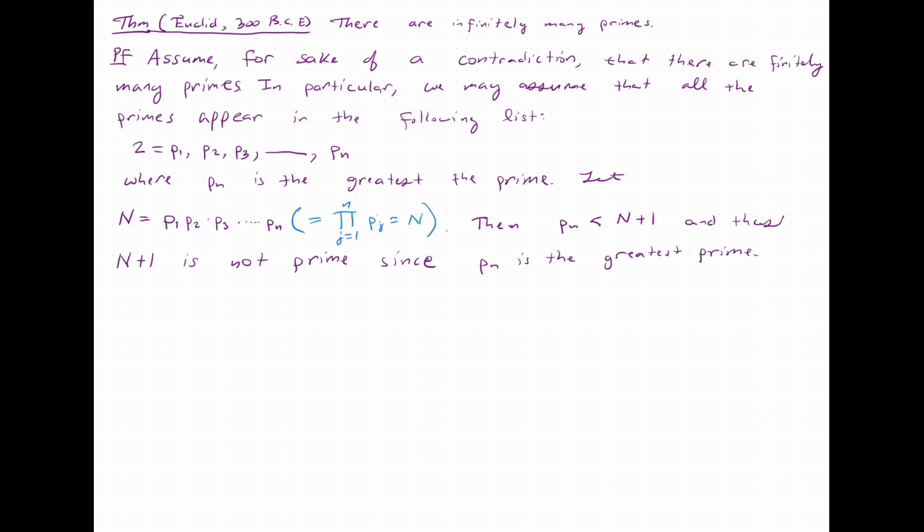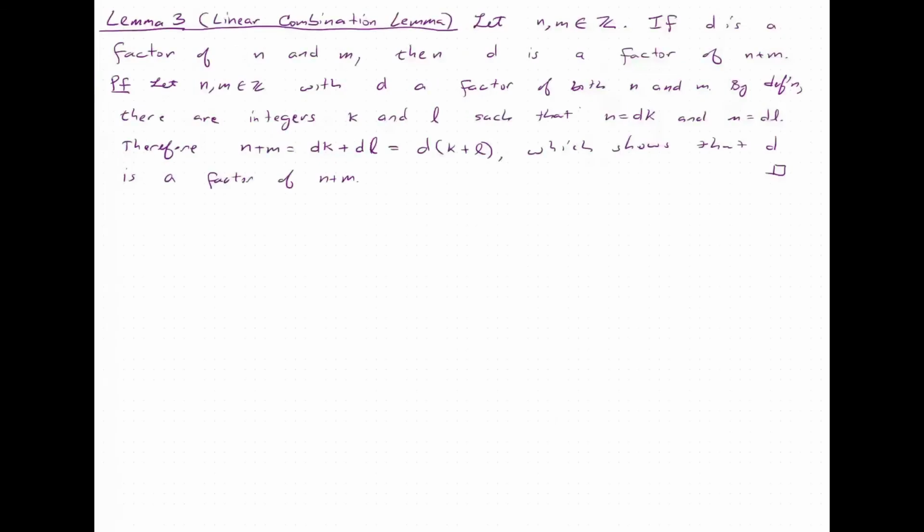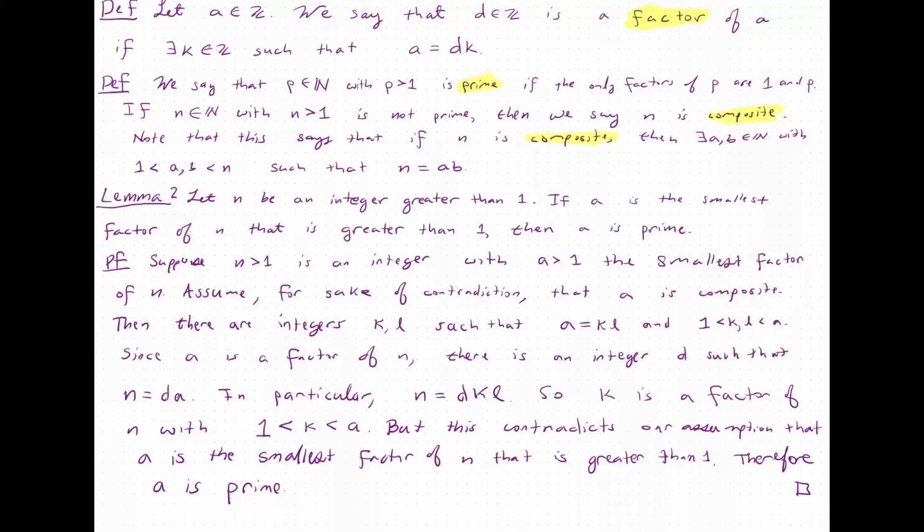Now we use lemma 2. So by lemma 2, if we have a composite number and we look at the smallest factor, but we know it's composite, so it has factors. So the moment we look at the smallest factor that is greater than 1, that factor must be prime.